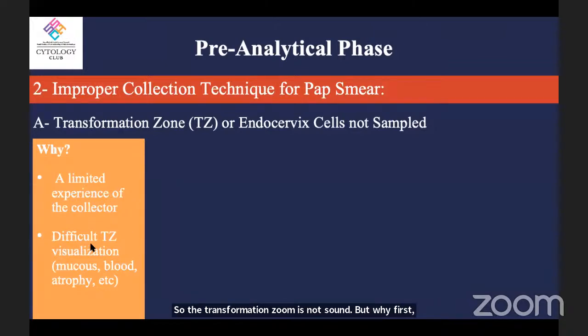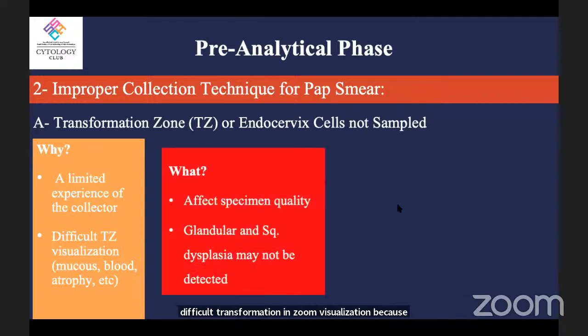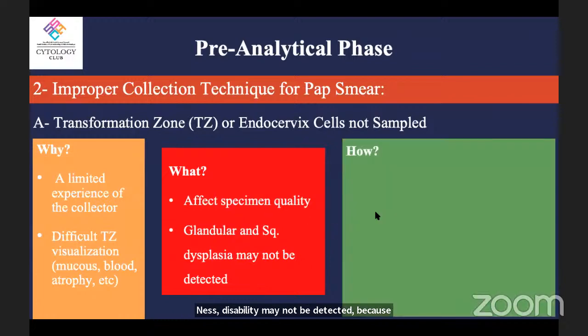And the second reason is difficult transformation zone visualization because of the presence of mucus, blood, or an atrophic patient. So what will happen? This will affect the specimen quality, and the glandular and squamous dysplasia may not be detected because they didn't take the sample from the T-zone.